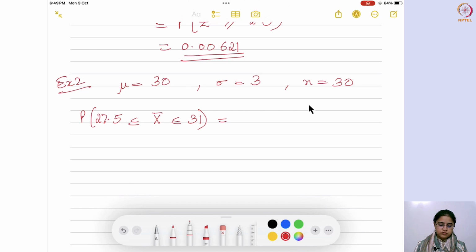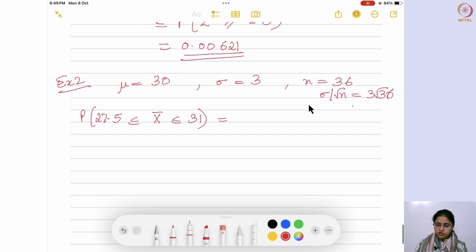So we need to subtract the mean from all these three terms and divide by sigma by root n. Sigma by root n, what will it be? 3 by root 30. Sorry, the sample size was given to us as 36, not 30. So this is 36, so 3 by root 36, 3 by 6, which is 1 by 2.